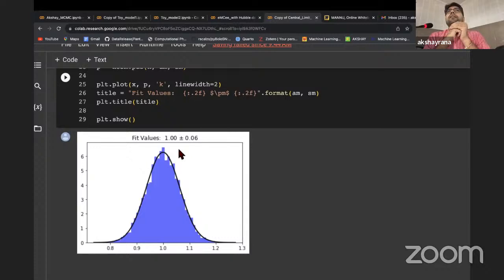Or the Lorentz distribution, especially in spectral theory and solid state physics, we come across the Lorentz distribution. That's also a special case of the Cauchy distribution. For that kind of distribution, it will not work. Even for the Cauchy distribution, you have an inbuilt library in Python. Try to create the random numbers for the Cauchy distribution using that, and then do the same task and try to convince yourself.